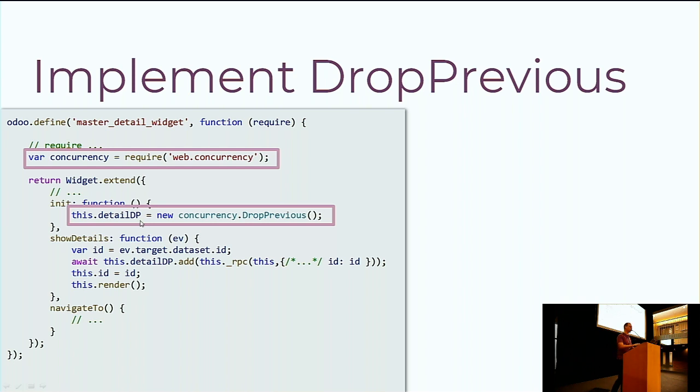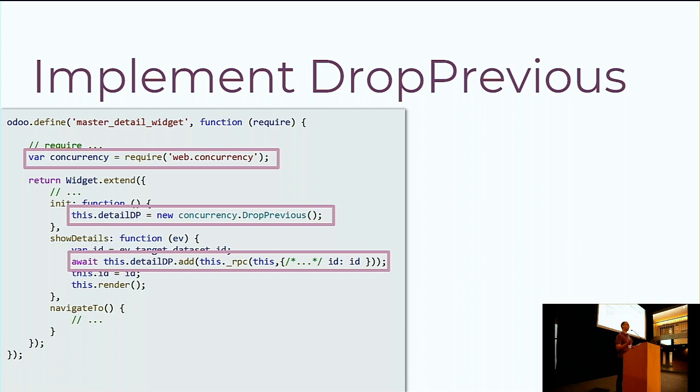So I put on the instance of my widget detail drop previous, detail DP, and that's a new instance. Then whenever I want to request something asynchronous, I'm not doing it straight away. I'm adding inside my drop previous system the asynchronous request. So it will manage the execution of it, but also the discarding of whatever previously was registered in there.